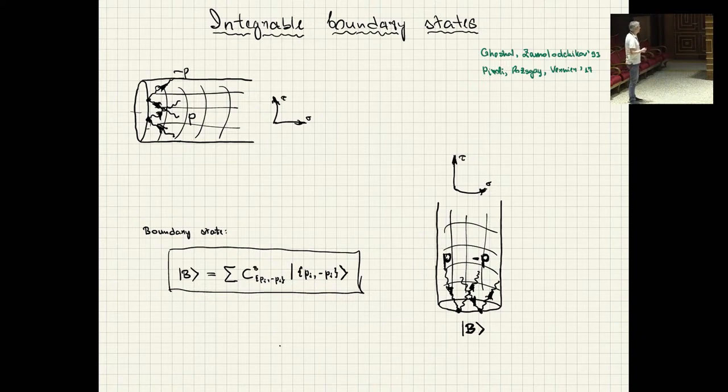So one can either think of this as a theory on a half line, so this time direction now goes in the vertical direction, and space is half infinite, so the world sheet ends at some point. Or one can view this horizontal direction as time, and then vertical direction as space, and then this would be a world sheet of a closed string that emerged from a D-brane. And in this case, the D-brane is described by a particular state in the Hilbert space of the closed string.